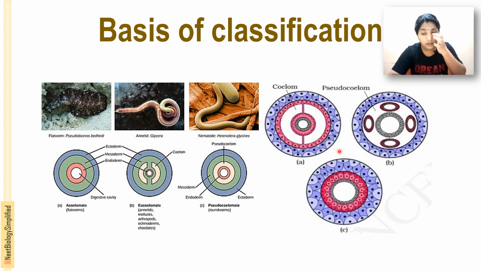And here this is a pseudocoelom, where the white is fully covered and you can see there are pouches, and this is an acoelomate, there is no coelom.